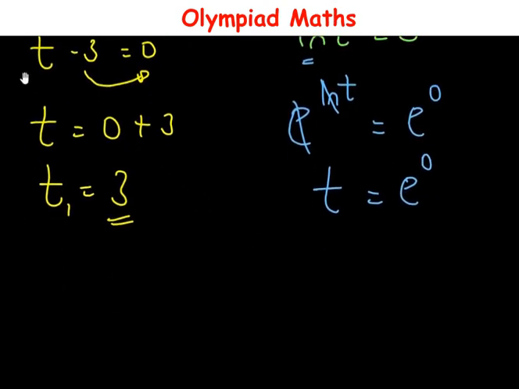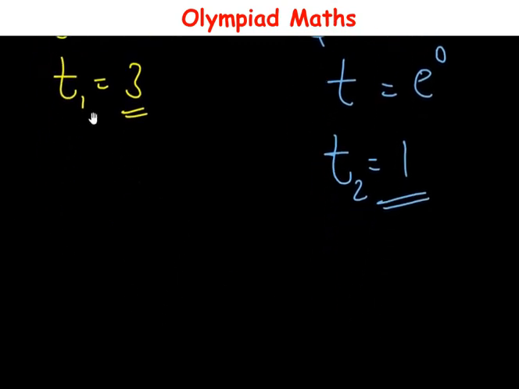From here, the value of t is equal to e raised to power 0, which is 1. So we've gotten the other value of t. So t2 is equal to 1. Therefore, we only have two solutions for the value of t: t1 equals 3 and t2 is equal to 1.